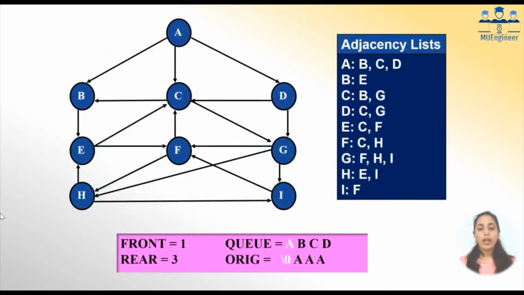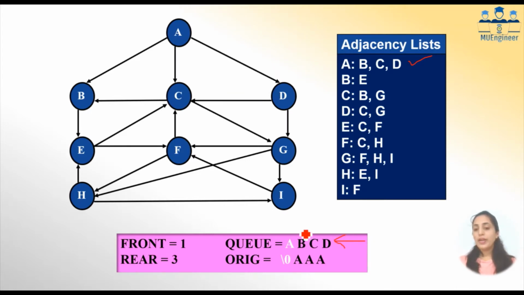So now I will dequeue A. Whatever I'm dequeuing, I'm highlighting with the white color. So A has been dequeued. I'm finding the adjacency nodes of A. So what are the adjacency nodes? B, C and D. So I have enqueued them in the queue.